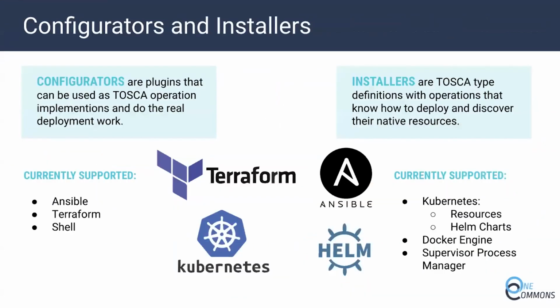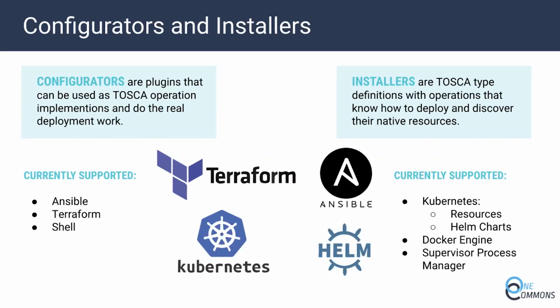And then the other part of Unfurl is this plugin architecture we call configurators. And so what they enable is you to use the existing DevOps tools that exist today to actually perform these operations, whether it's Terraform or Ansible or just a simple shell script.